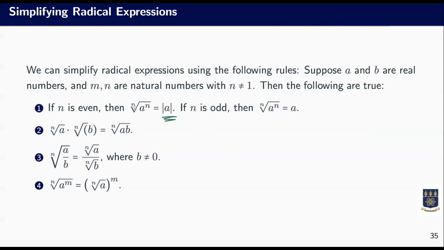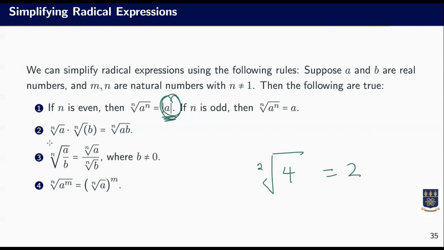So if N is even and we take the nth root, we return just the positive number. For instance, the square root of 4 is going to be 2. We'll throw away the negative 2. If it's odd, we don't have any problem.